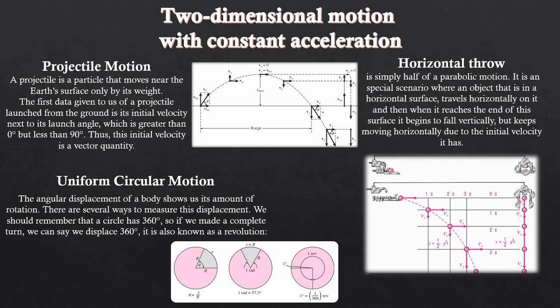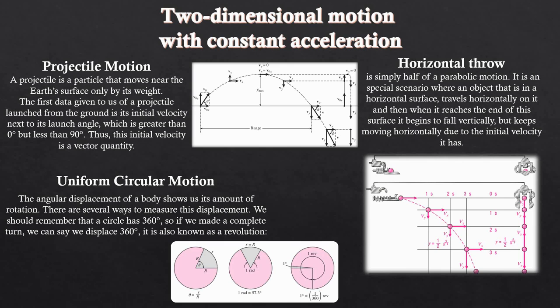Then we have the horizontal throw, which is basically half of the parabolic motion. It is a special scenario where an object that is on a horizontal surface travels horizontally on it, and when it reaches the end of this surface, it will start to fall, but moving horizontally.